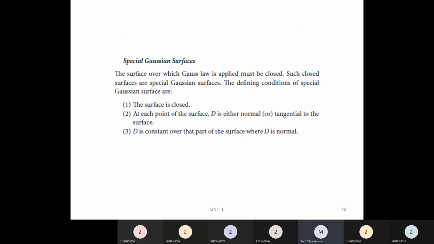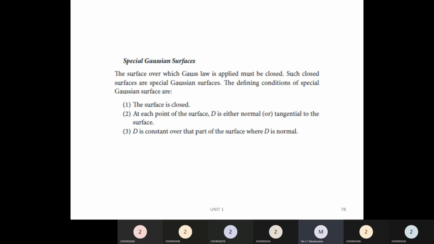Then we can say the surface is a Gaussian surface. These are the conditions for a Gaussian surface. We can say a surface is a Gaussian surface when the surface is closed, and at each point of the surface, either the flux density D is normal or tangent to the surface.